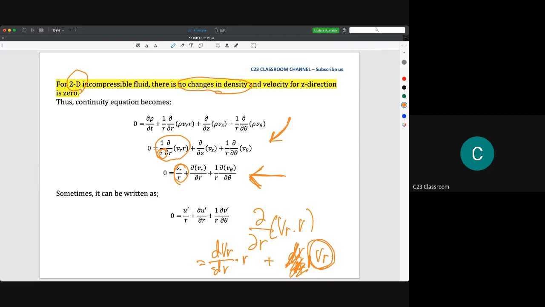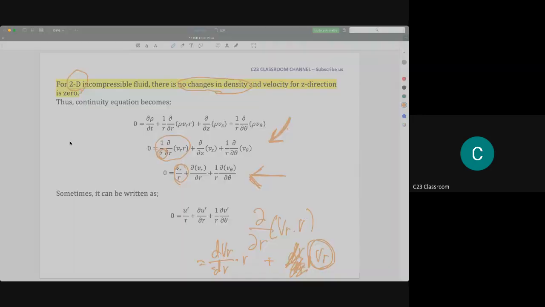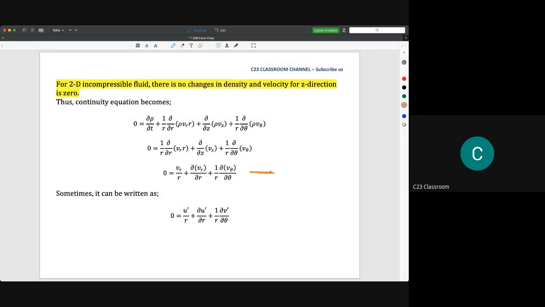So I hope you could try to solve this equation, because finally you need to have this equation become the continuity equation. But in some textbooks, from other authors or other companies, they may write the continuity equation for polar coordinates something like this.